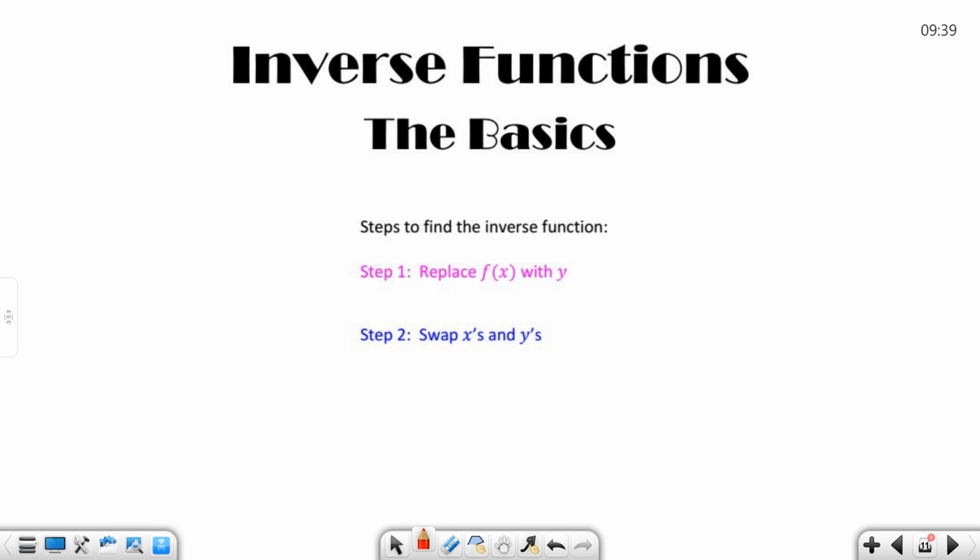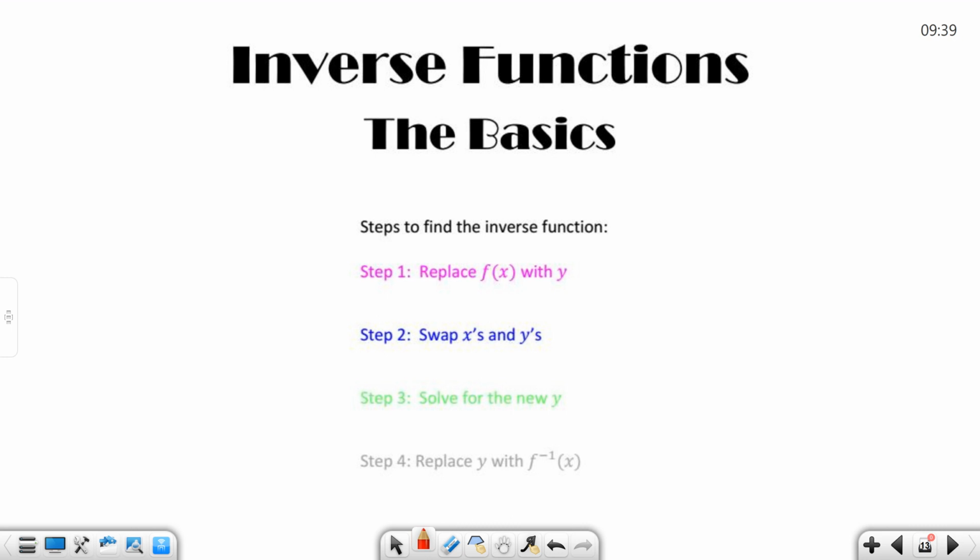So swap every x to a y and every y to an x. The third thing is solve for what I call the new y. What I mean is, you just swapped them, so now something that wasn't a y is now a y. Now solve for that y. And after you do that, replace that new y with f inverse of x. So those are the 4 steps.